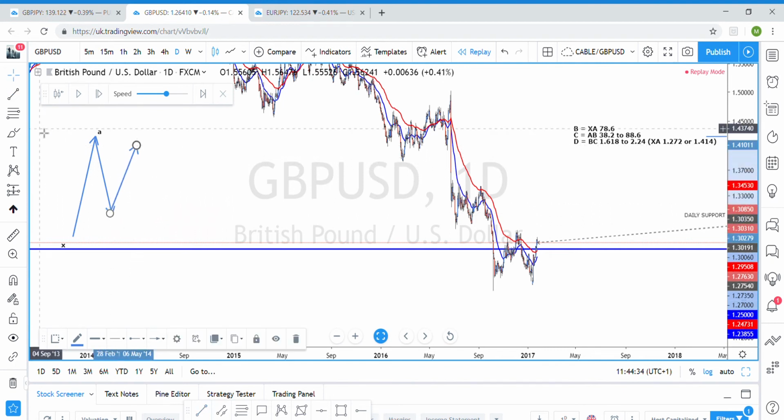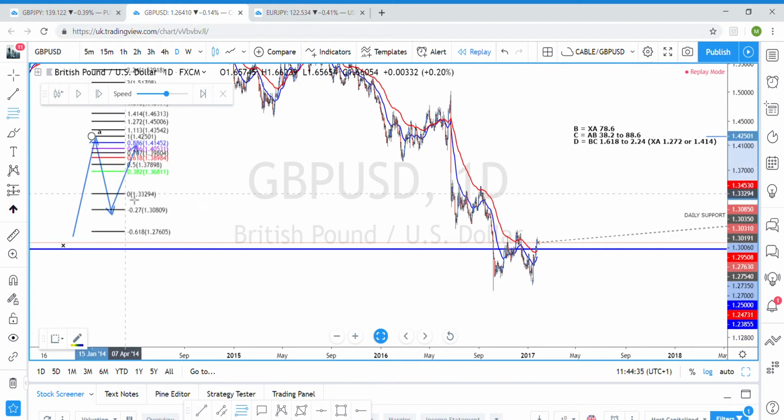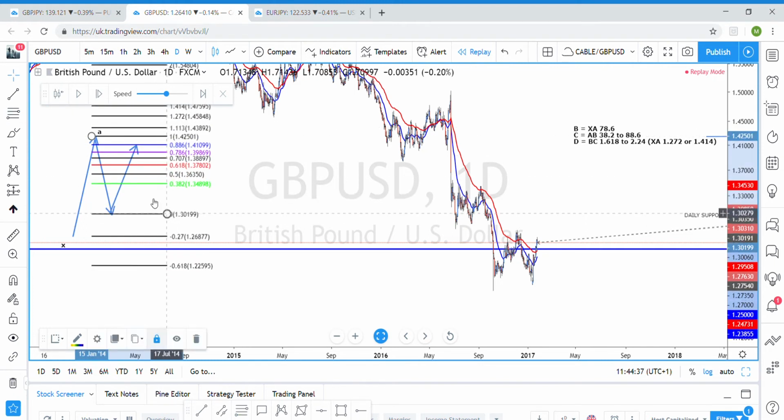And this can be 38.2 to 88.6. So the point is here, once you have a 78.6 rejection, if price doesn't go beyond this A point and starts reversing from below it, I'd say you're about 90% chance of creating a butterfly pattern, and that's why I like to see this one. I like to trade it when I do see it.